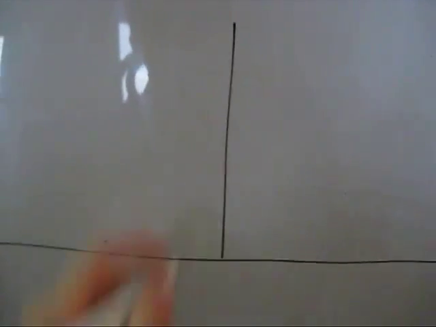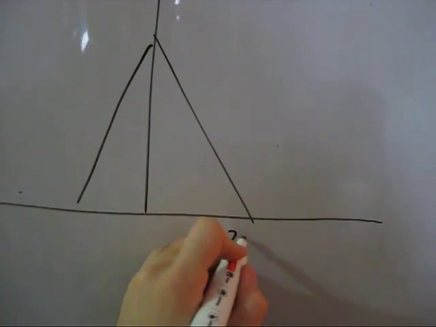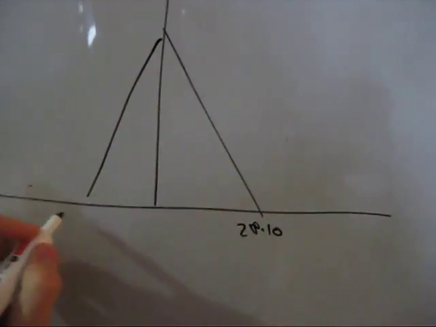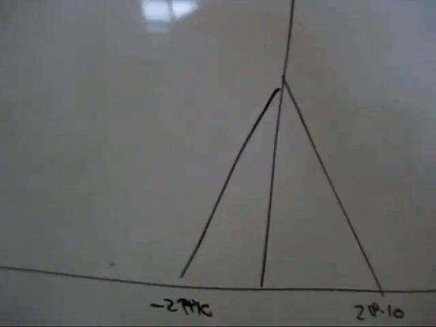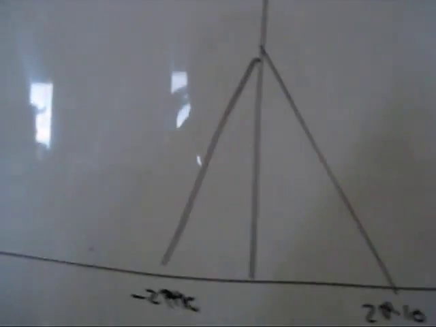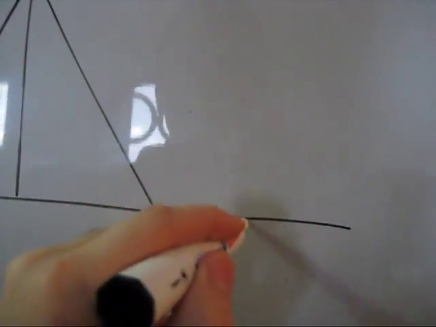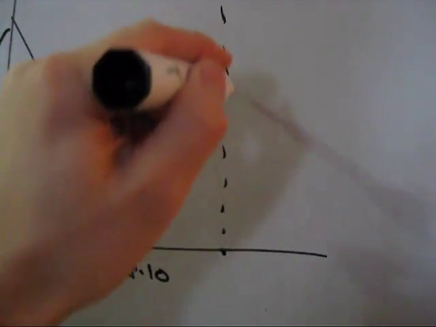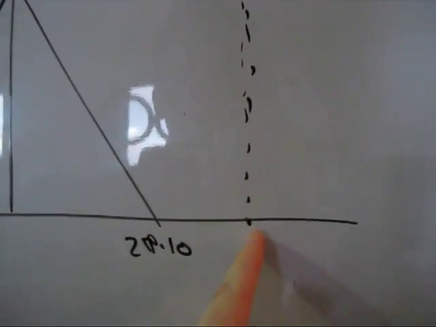So we've got our chart here. This is still 2 pi 10, minus 2 pi 10. And if we sample at 15 hertz, the center of the replica, because the center of this one's at 0, is going to be the same triangle centered around 15.